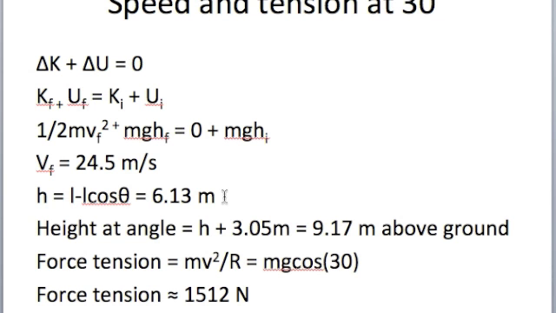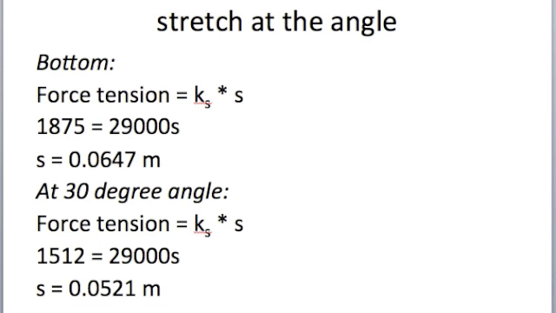To find the height at 30 degrees, we can just add 3.05 meters to H to get 9.17 meters above the ground. And then we can apply the tension force yet again, and the force tension at the bottom is 1,512 newtons.